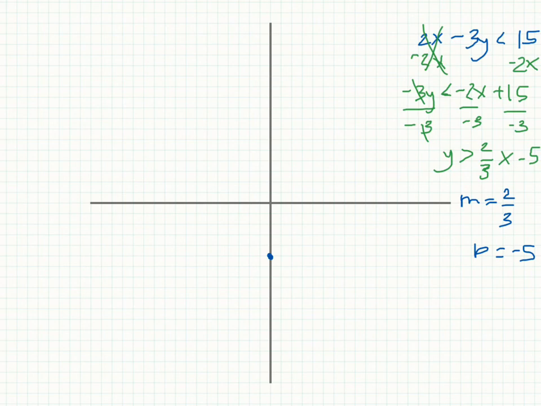Now let's go up 2, over 1, 2, 3, up 2, over 1, 2, 3, up 2, over 1, 2, 3. And this inequality is greater than, remember it flipped when we divided by a negative number, so it is non-inclusive. I'm going to do a dashed line connecting everything.